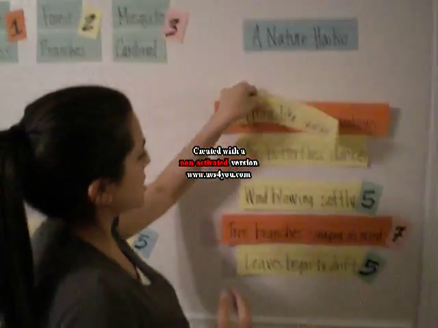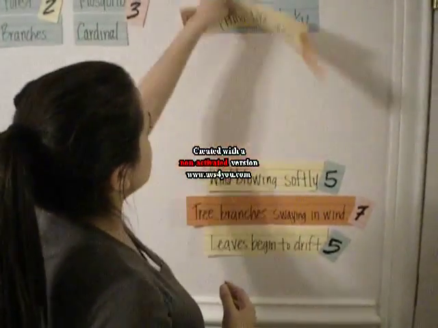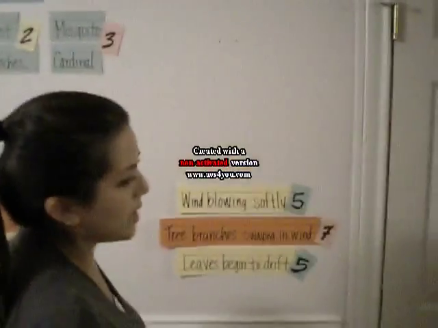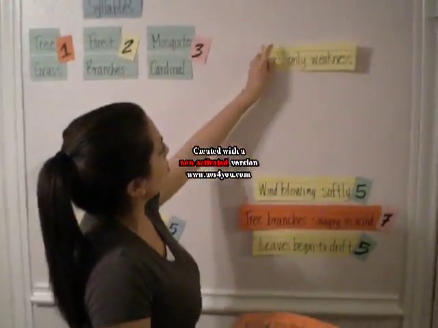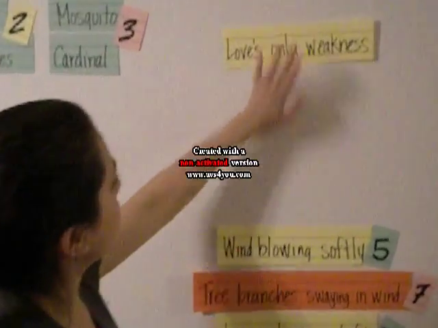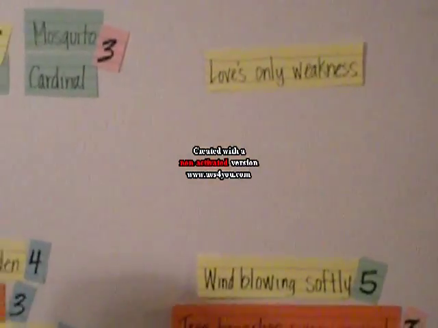So, for example, let's write our own. If we're talking about love, which, let's change this, then let's go ahead and make sure that we're talking about 5, 7, and 5, even though our topic may have changed. So, this first one, love's only weakness.